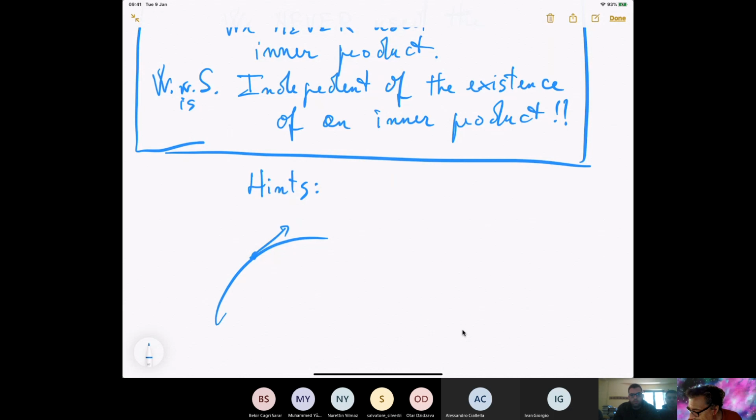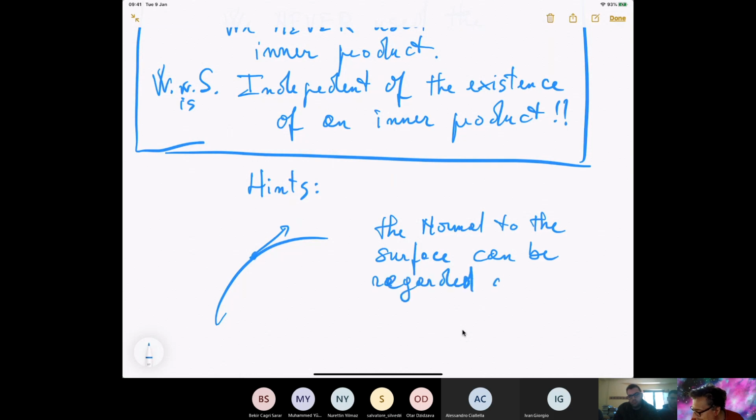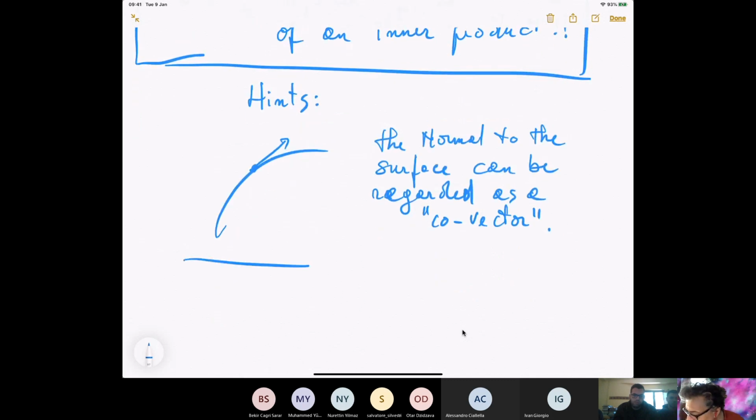The normal to the surface can be regarded as a covector. And force is a covector.